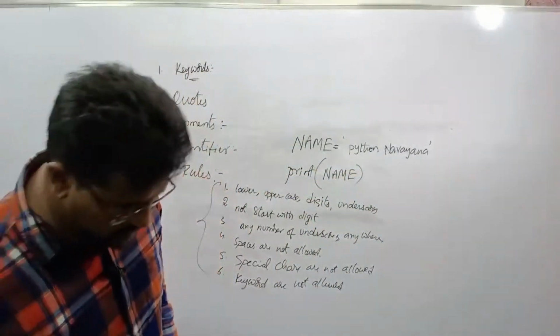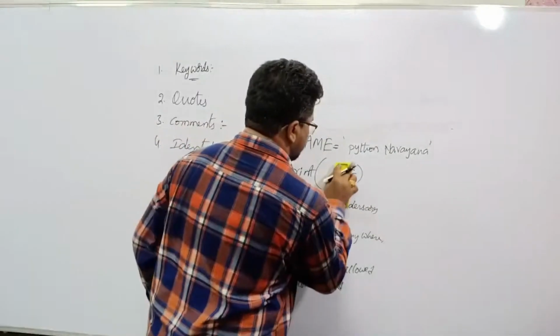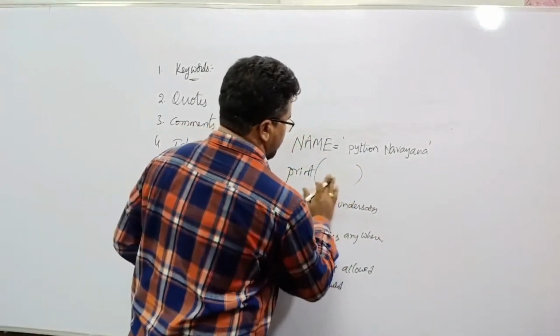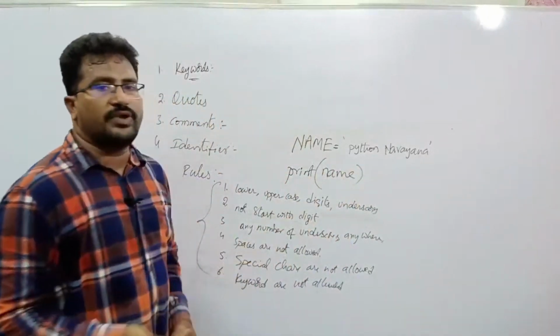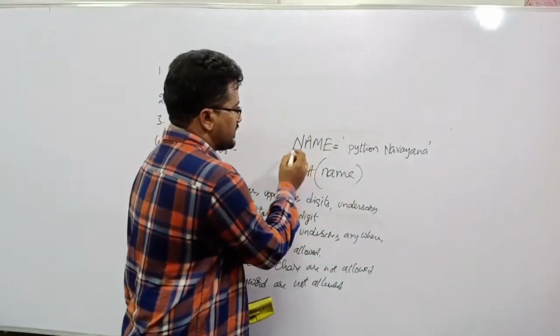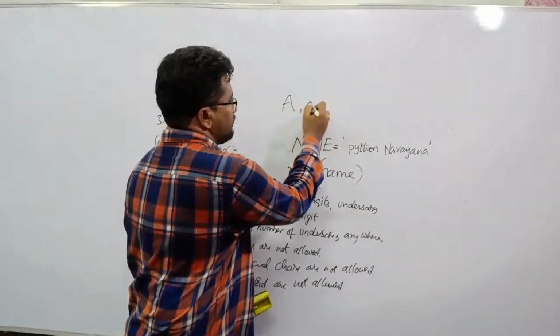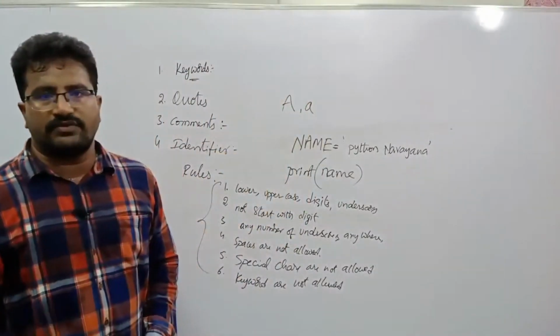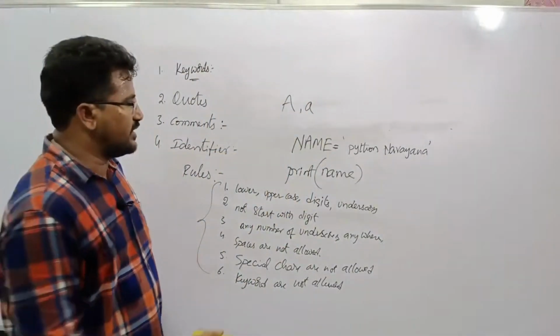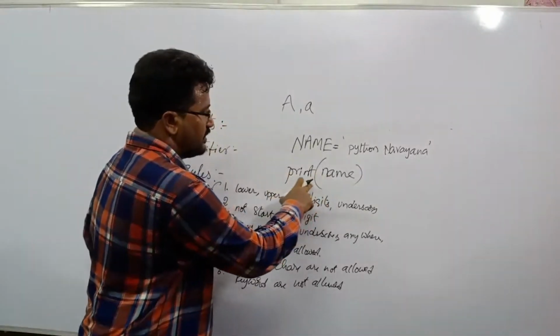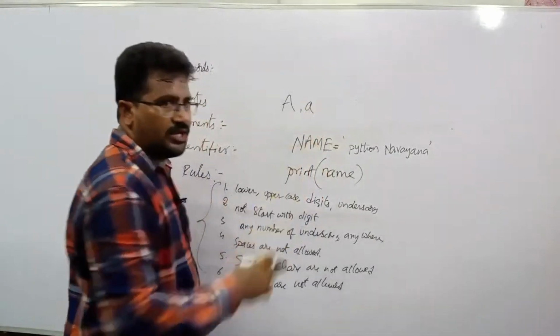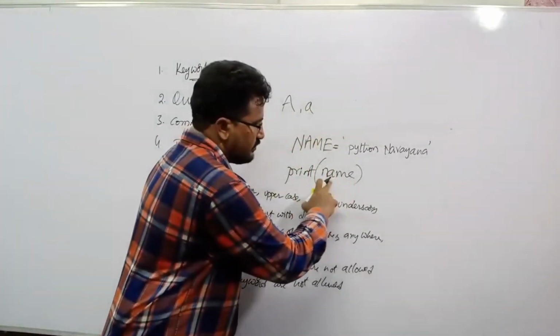While using the variable, if you write small case, for example name like this, then it will give you an error. Why? In Python, capital A and small a are not the same, both are different. That's why if you write the small letters name, it says this variable is not defined anywhere.